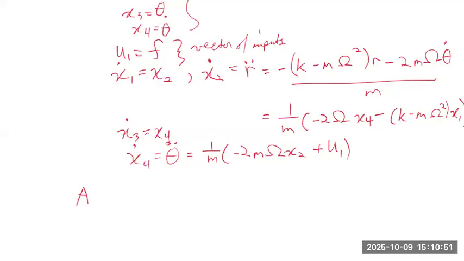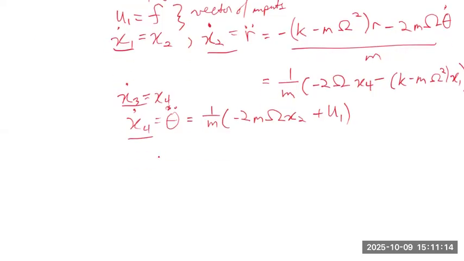So the matrix A is going to come from the equations for x1 dot, x2 dot, x3 dot and x4 dot. Let me move this down a little bit.